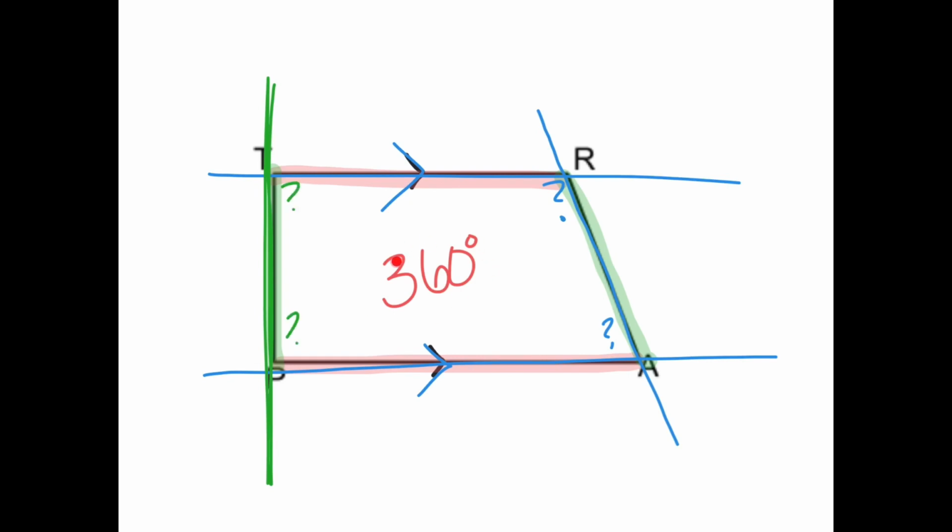So of the 360 degrees, 180 is split between these two and 180 is split between these two. I don't have a special name for those because these are the base angles. My green and my blue over here, P and A, are the base angles. T and R are my other base angles, but the actual ones that are on the leg are the same side interior and are going to be supplementary. So just a reminder of how that can be applied from chapter 4.